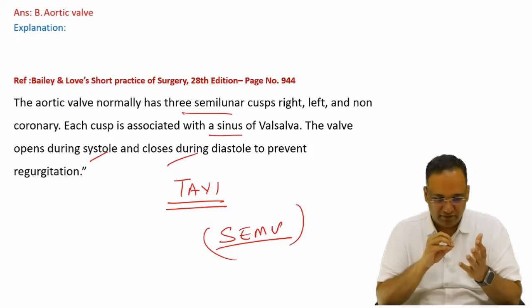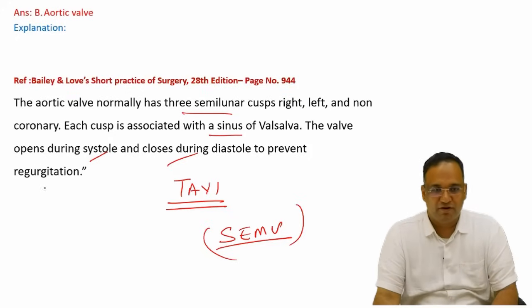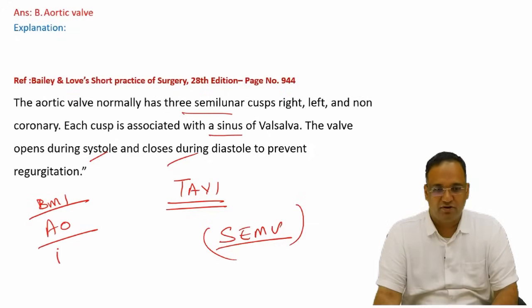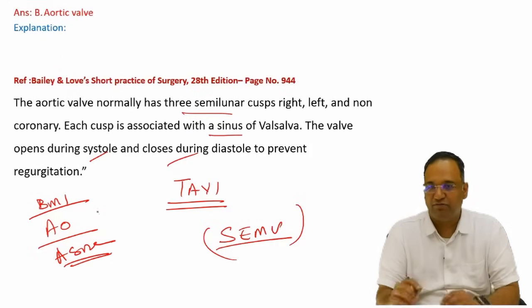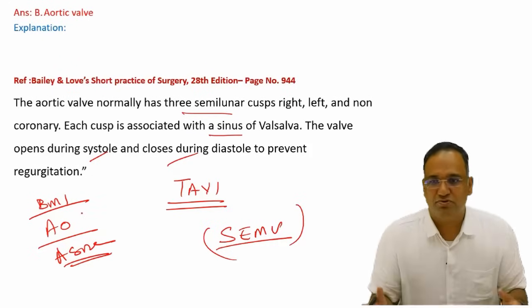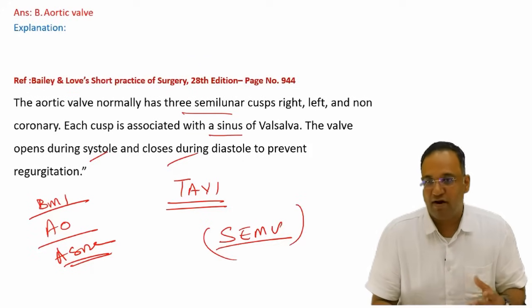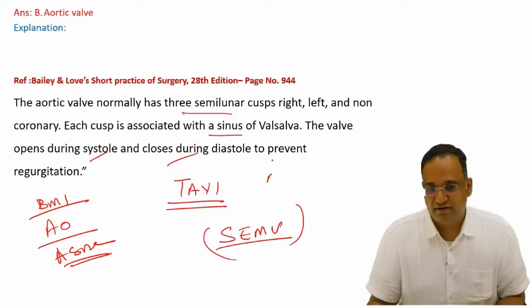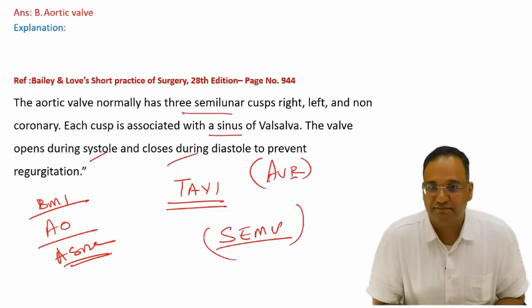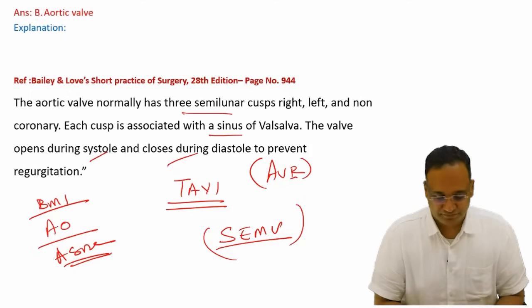You calculate the aortic orifice and size accordingly, and then choose an appropriate valve to implant. So, the patient goes home 1 or 2 days later after observation, and can avoid an AVR, aortic valve replacement. Understood? It's called TAVI.